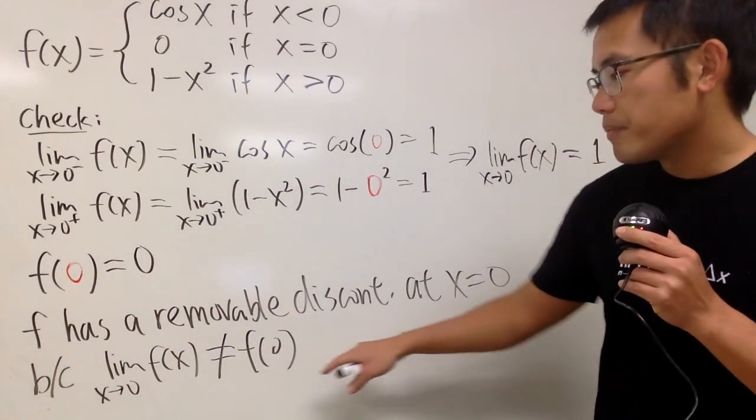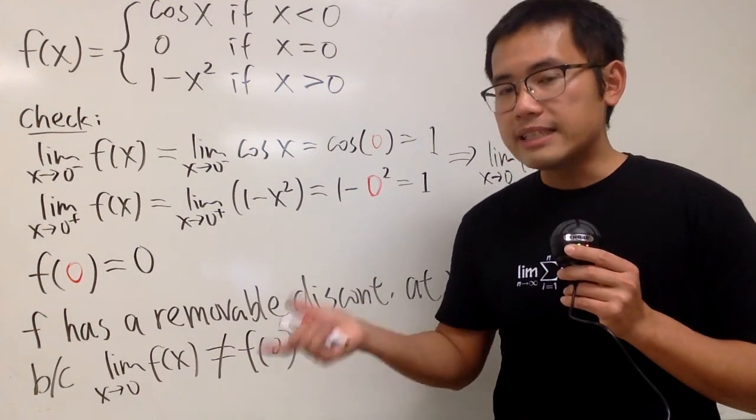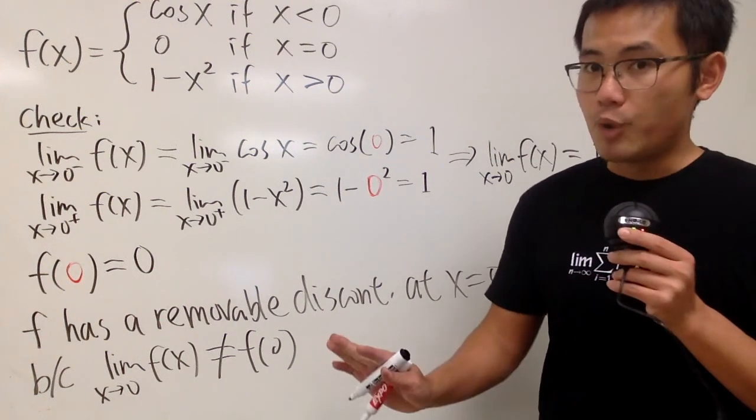So remember, this is pretty much the main check to see if a function is continuous at that x value or not. If the limit is not the same as the value of the function, no good, right?